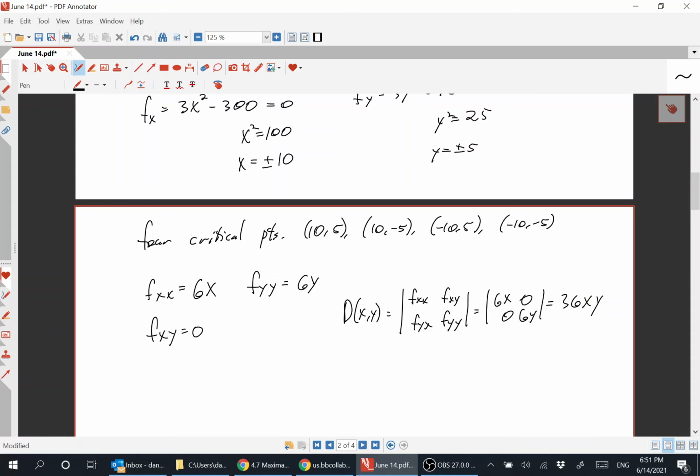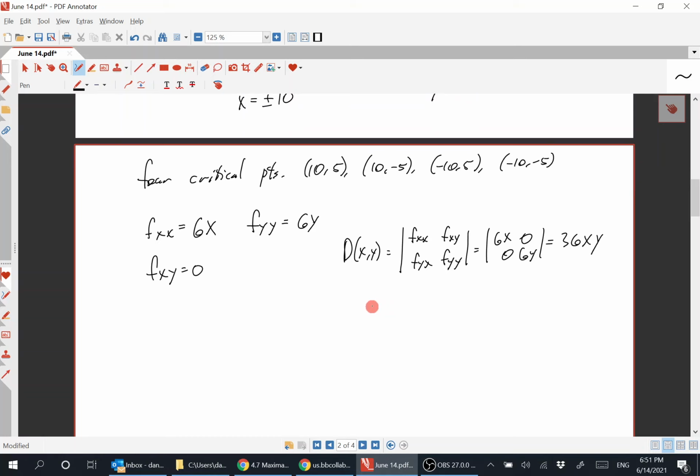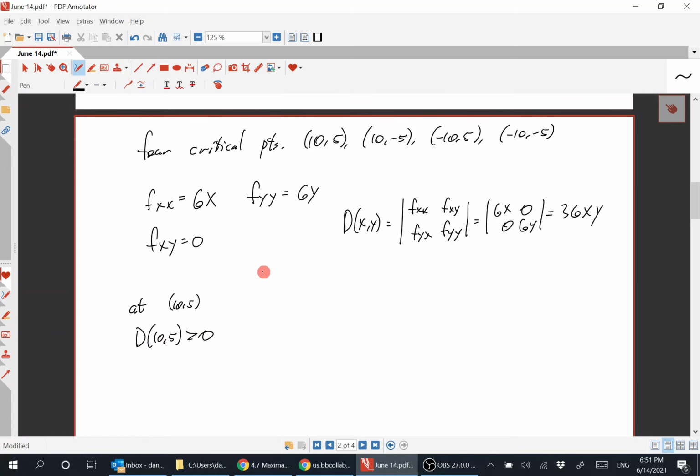Okay, so at the various points, what do we get? So at (10, 5), d at (10, 5) is positive, right? And fxx at (10, 5) is equal to, what is it? 60, which again is positive, right?